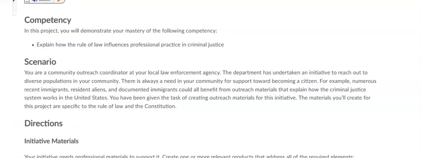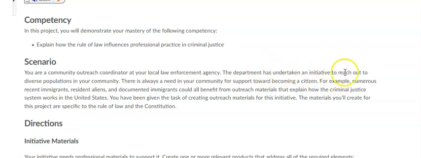I've been telling everyone and beseeching all of you to write to teach. I am your blank slate. I am your student. Write to teach. And in order to be successful at teaching, you need to be very clear. So guess what? You're the teacher now. You're a community outreach coordinator at your local law enforcement agency. It's very clear what you need to do here.